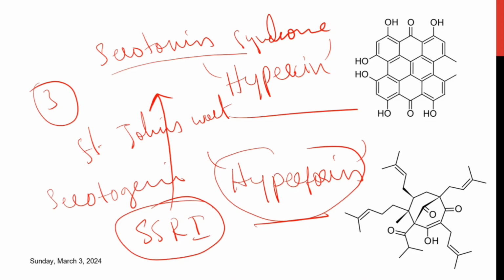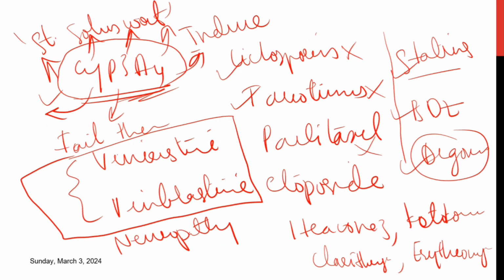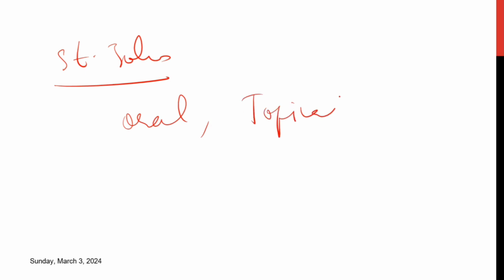So all these are drug interactions which are seen with St. John's wort. Being a clinical pharmacist, always remember, when a patient is taking St. John's wort, we have to ask them whether they are consuming it orally or topically. If they are taking it through the oral form, always remember it may cause potential adverse effects and drug interactions.